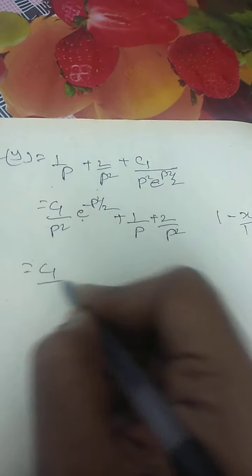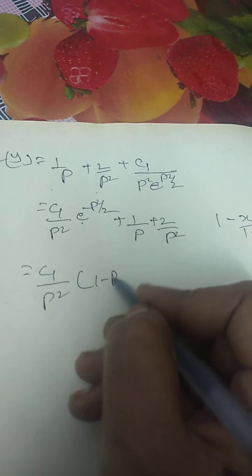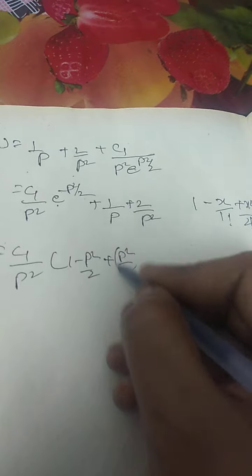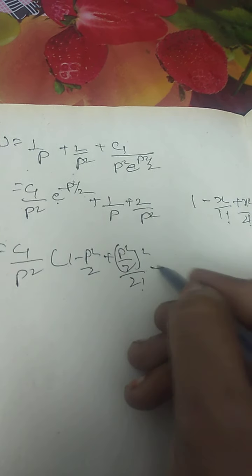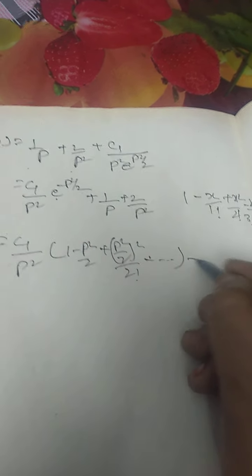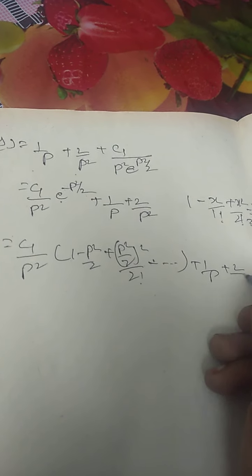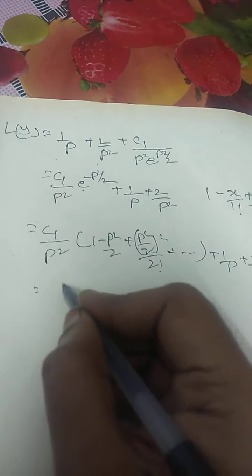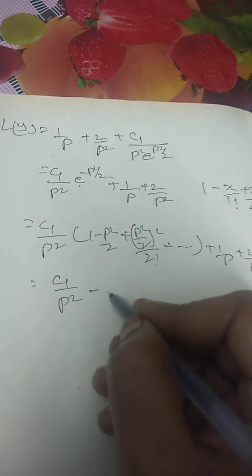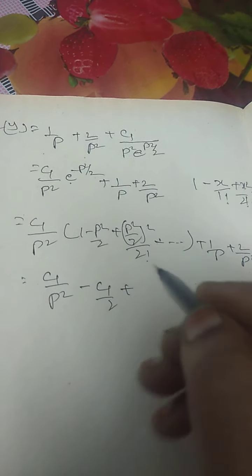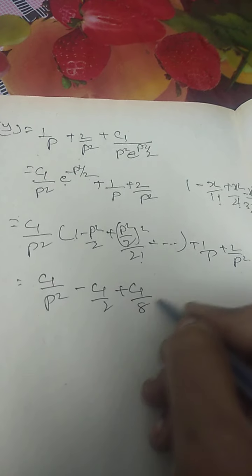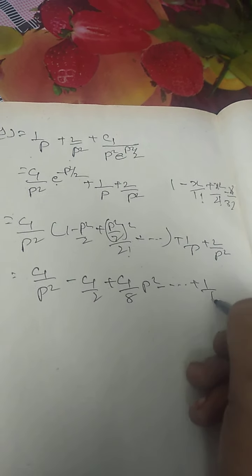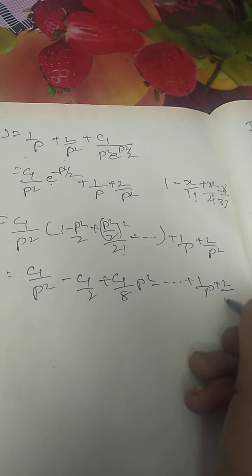So here c1 by p square into 1 minus p square by 2 plus (p square by 2) whole square by 2 factorial, and so on, plus 1 by p plus 2 by p square. Multiplied with c1 by p square: c1 by p square minus c1 by 2 plus c1 by 8 into p square, minus so on, plus 1 by p plus 2 by p square.